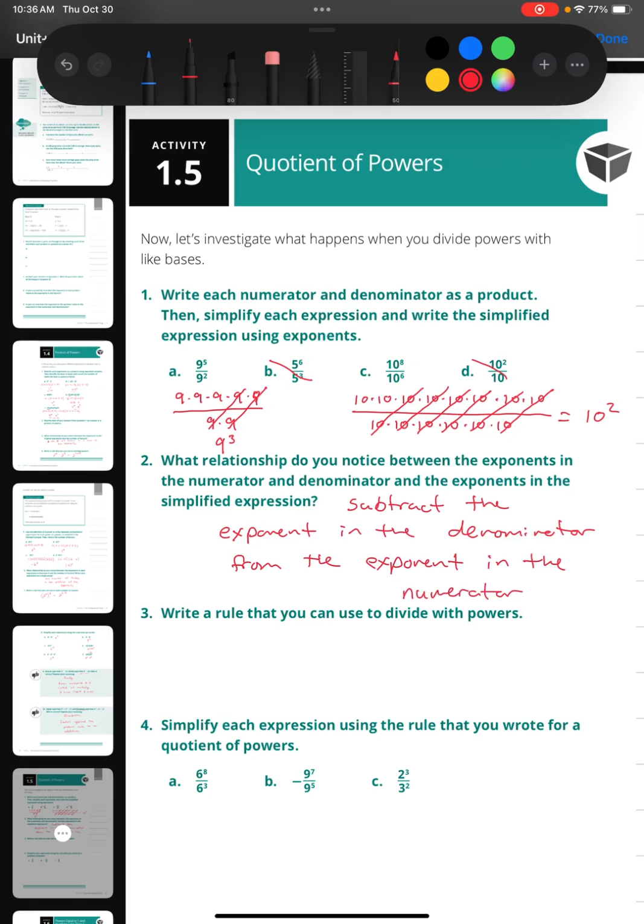So in other words, a rule we could write here: if we have 2 to the a over 2 to the b, again, the bases need to be the same, that will result in 2 to the a minus b.